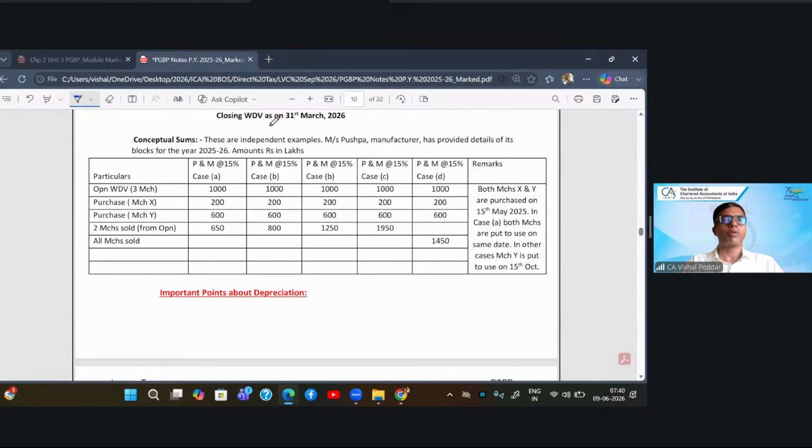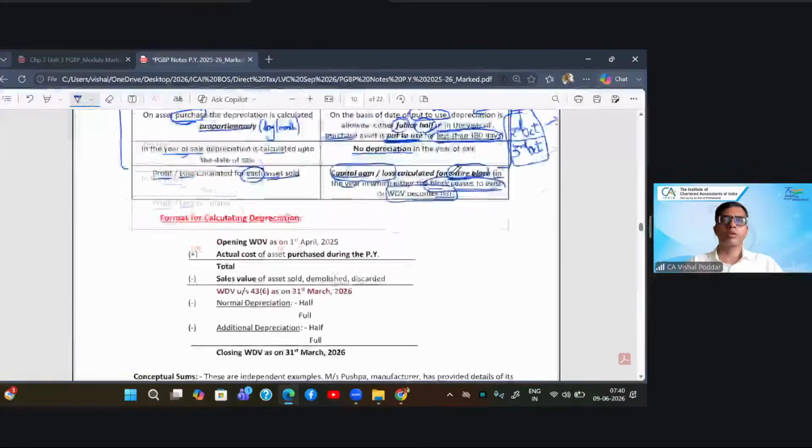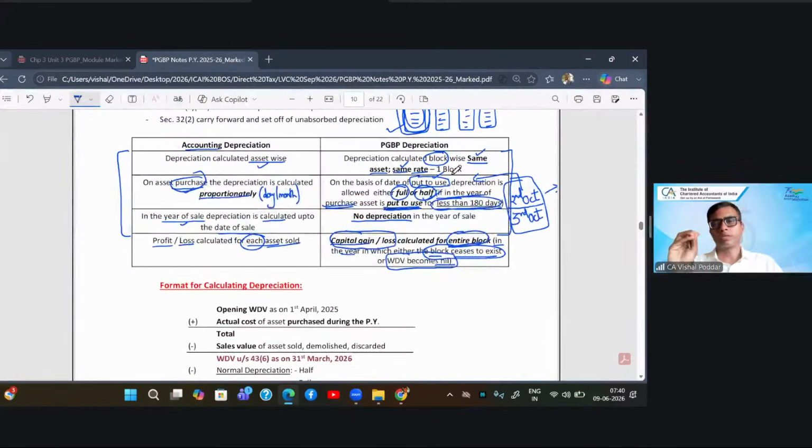We will solve this so that you understand whatever I have explained. Once that is done, we will proceed with the theoretical part. I hope this is clear. Any questions at this point, please ask me so that I can first clear your doubts and then we'll proceed to deal with the actual calculation of depreciation.